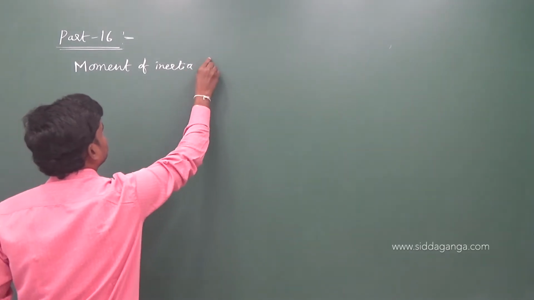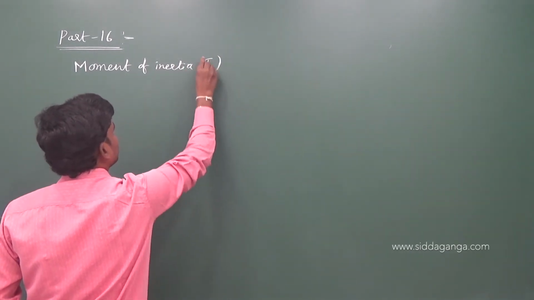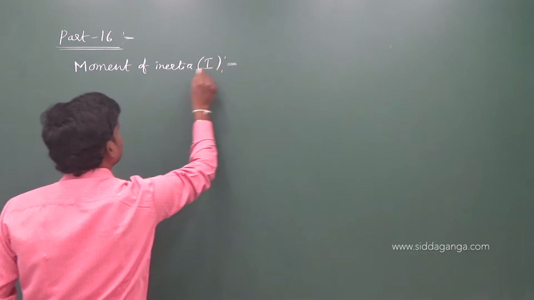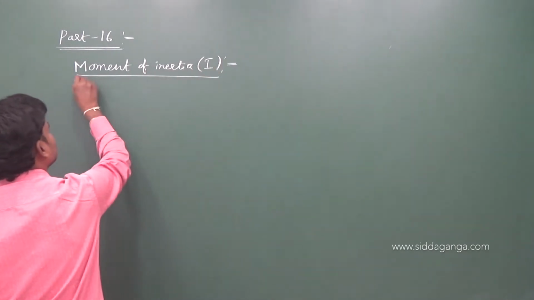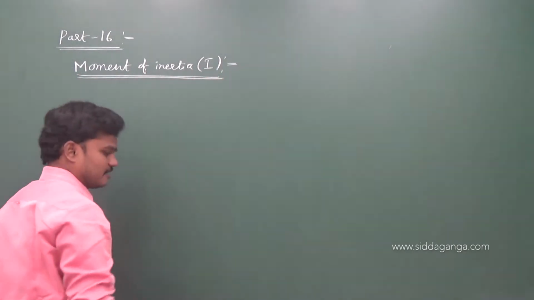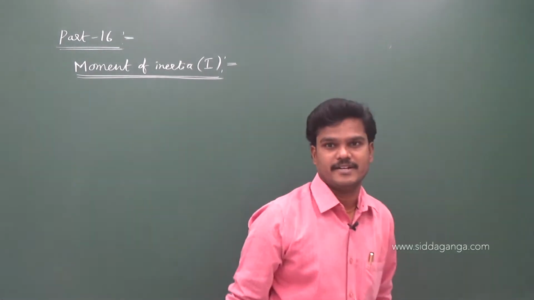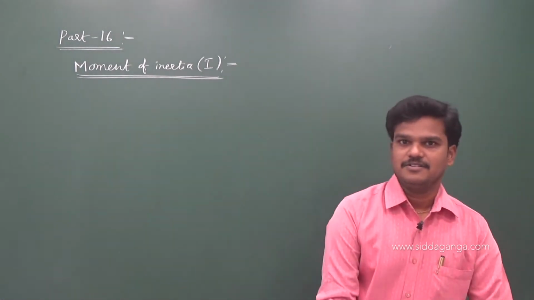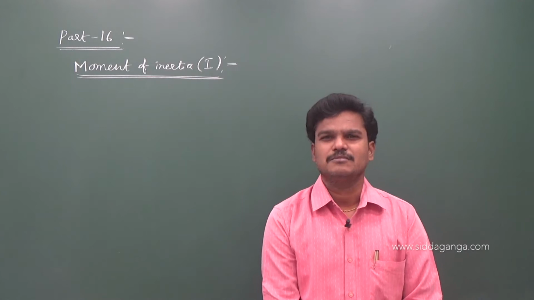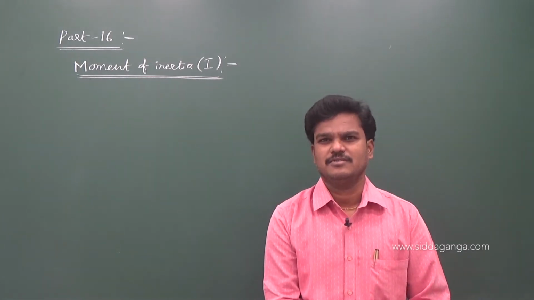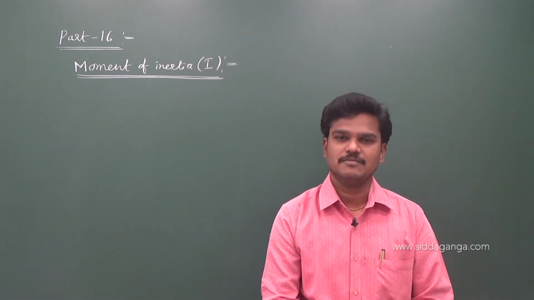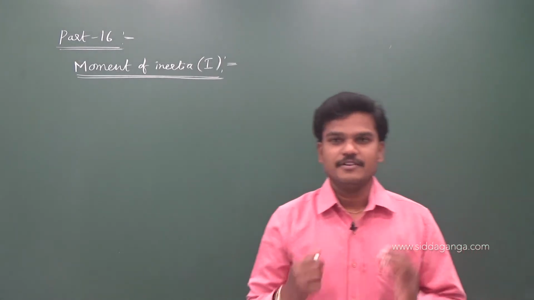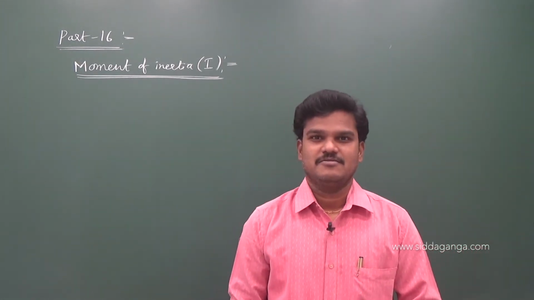We can represent it with a symbol called capital I. This is the most important topic for all types of entrances. Based on this we will get plenty of formulas, so try to remember all the formulas, but I am going to show every formula with derivation, that's my habit.